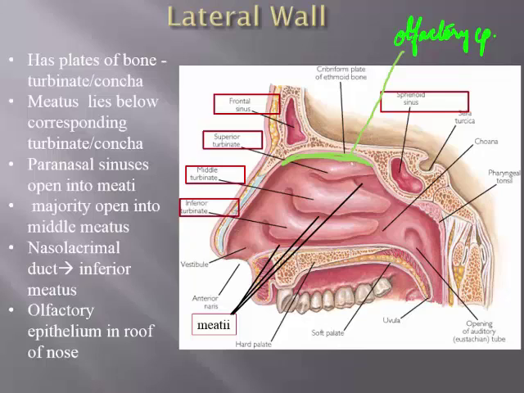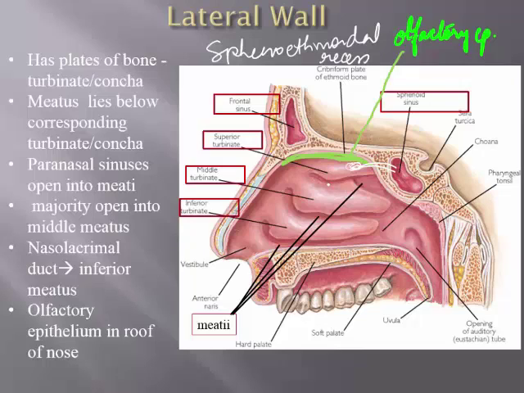There's a little recess above the superior meatus in this area, and that recess is known as the sphenoethmoidal recess. And what do you think would open into the sphenoethmoidal recess? Very good, the sphenoidal sinus. Very close to it, so that opens into the sphenoethmoidal recess.